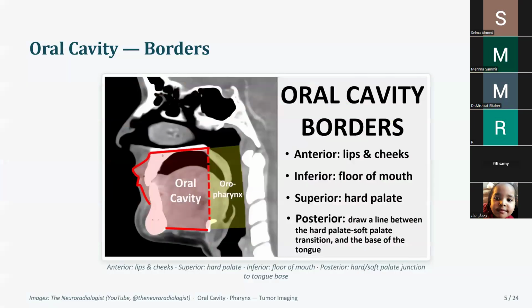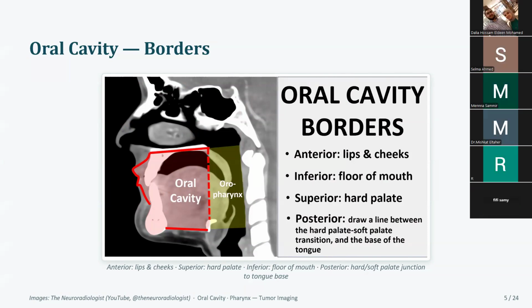So summarizing those borders, anteriorly the lips and cheeks, superiorly the hard palate, inferiorly the floor of the mouth, and posteriorly, as seen here, an imaginary line dropping from the hard and soft palate junction down to the level of the hyoid bone. That posterior line really matters because it's the exact handoff point between the oral cavity and the oropharynx.